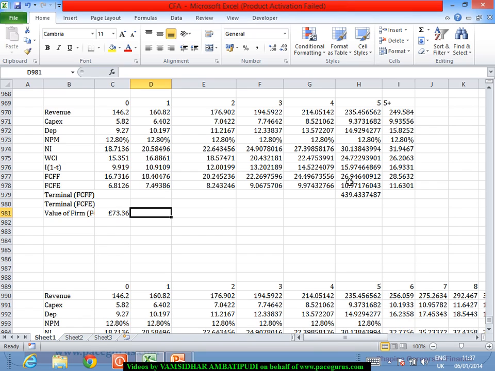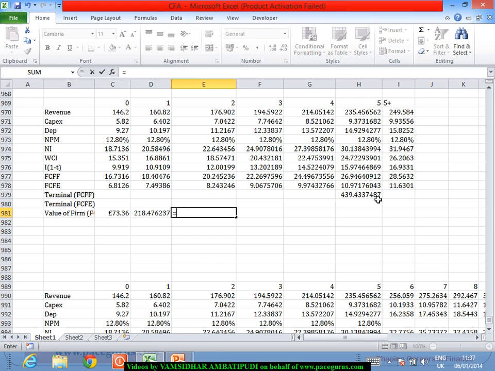And also looking at the present value of the terminal value. So probably this terminal value I need to discount by 1.15 to the power 5, because during this period the weighted average cost of capital is 15%.